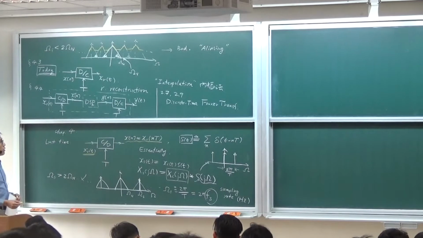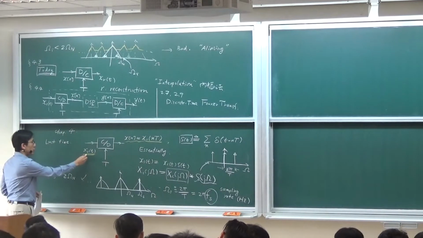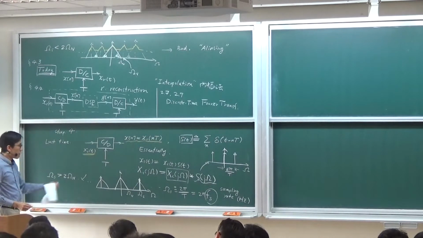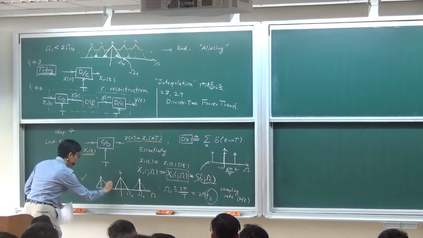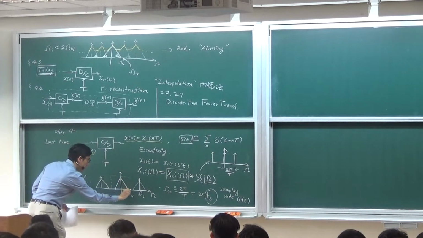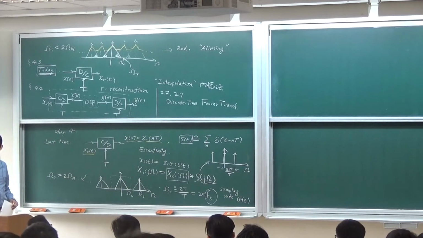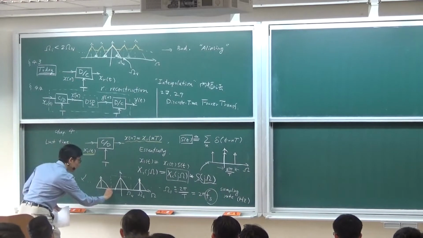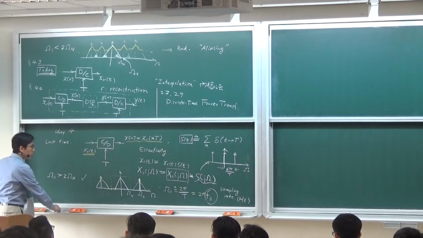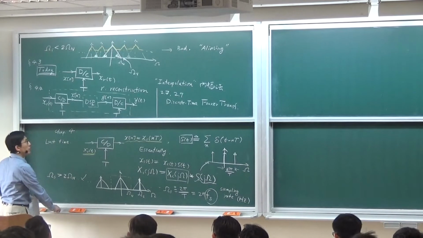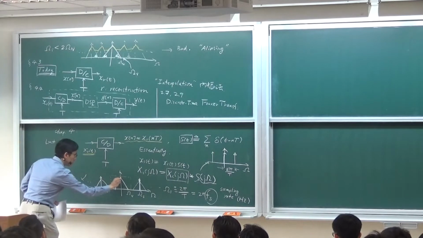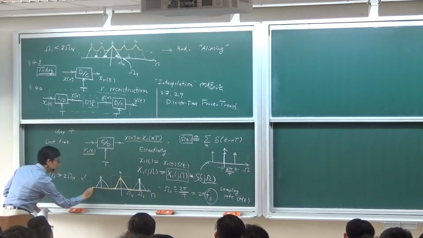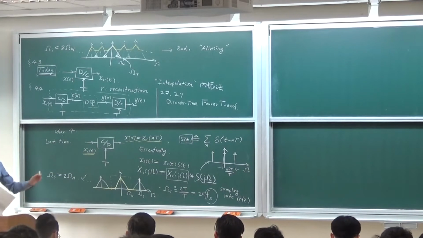Now, if the goal is to reconstruct the continuous signal from the samples, we have argued that all we need to do is somehow apply an ideal low-pass filter in the frequency domain. That ought to give us back the original spectrum after the low-pass filter, right? That's the idea. Is everybody with me so far?